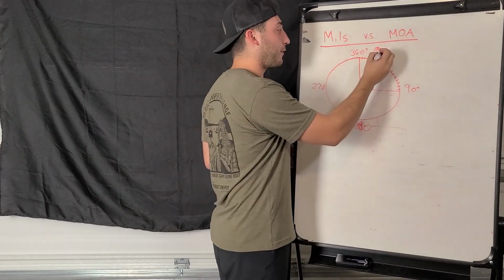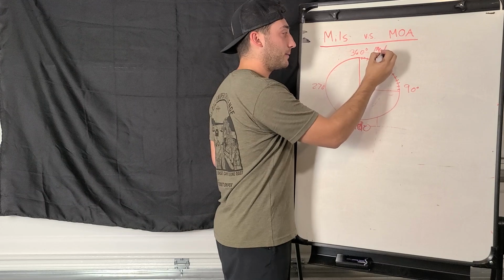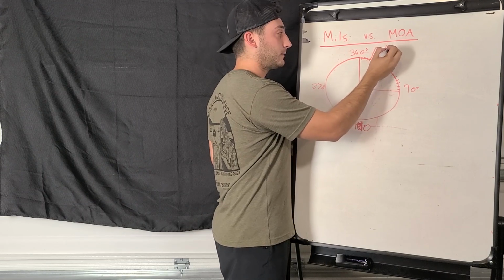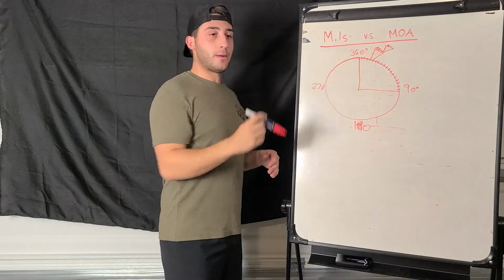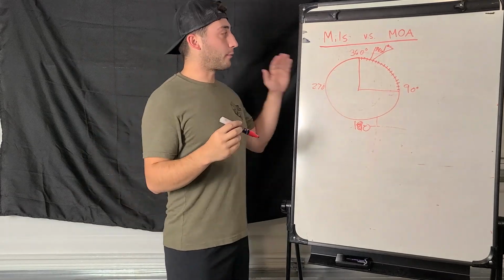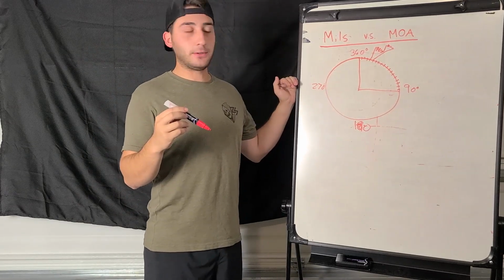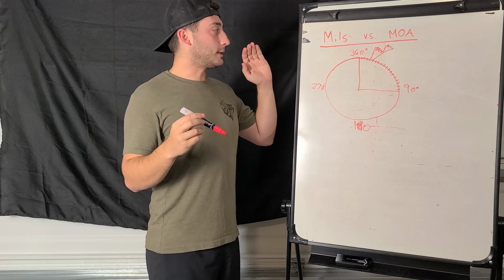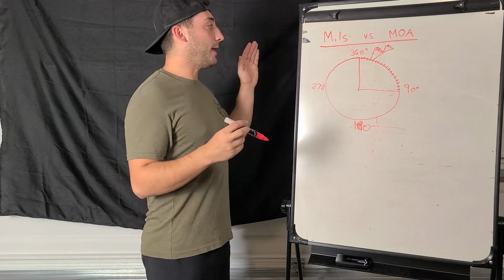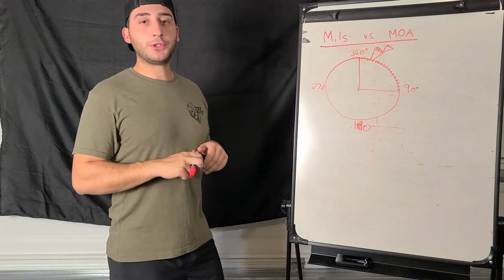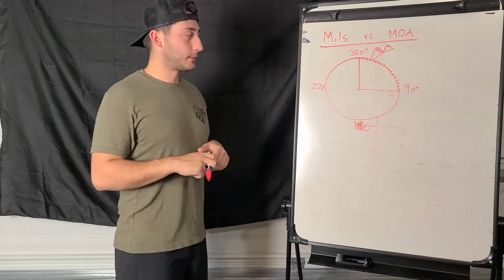Then you can further break down each one of those minutes into 60 seconds of angle. So from large to small, we have 360 degrees in a circle, 60 minutes of angle within each degree, and then 60 seconds of angle within each minute of angle.